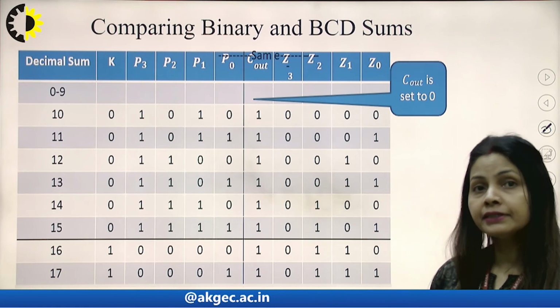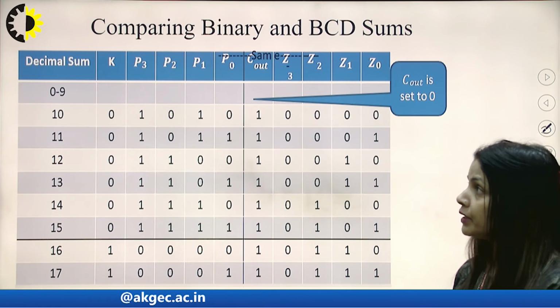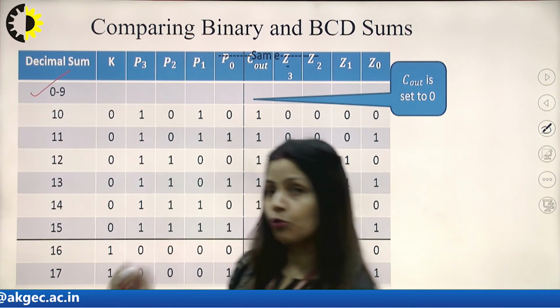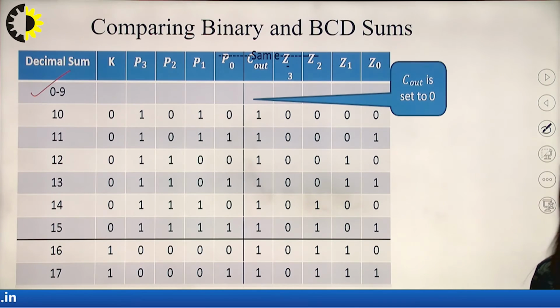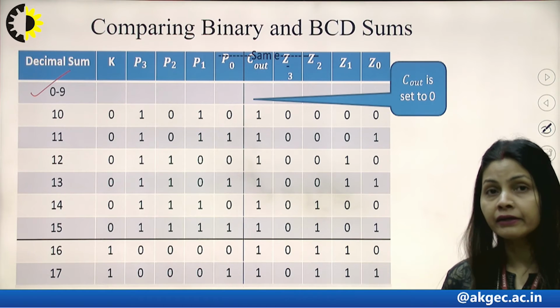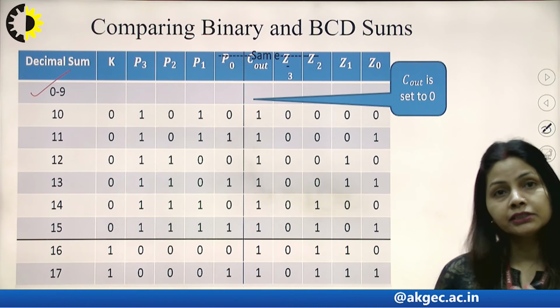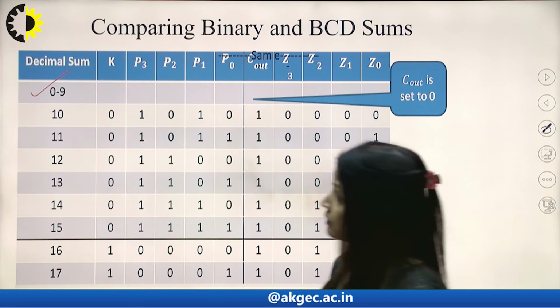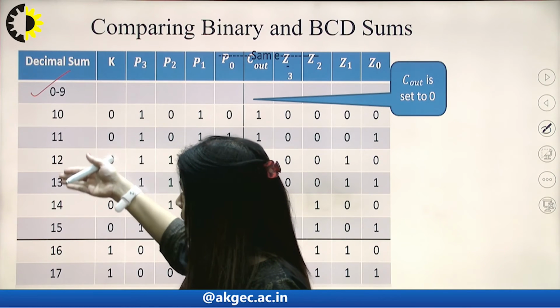Now here is the table we can make. When the sum from 0 to 9 comes, it's all okay, and we can design the circuit as a 4-bit parallel adder. But if the sum exceeds 9, let the sum be 10, 11, 12, 13, 14, 15.